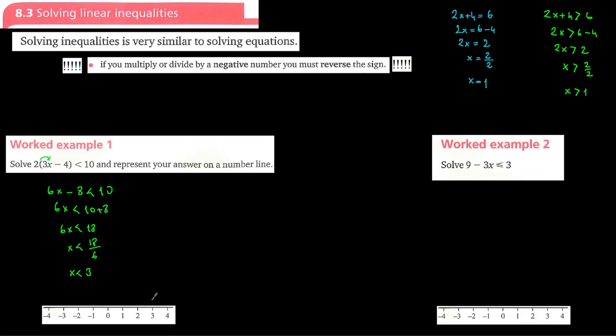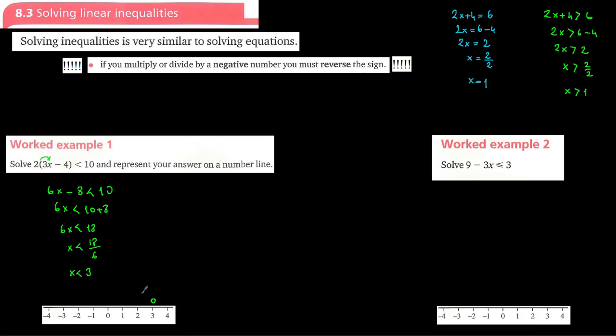So I'm going to put the point here. This is going to be our circle here. It's going to be open, by the way, because if you remember, when we have greater than or less than, we are using open circles for the graph of the inequality. First I put it here, the 3 is here, so x is on the left side.